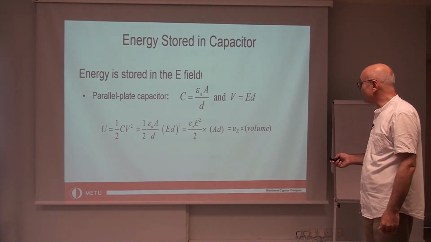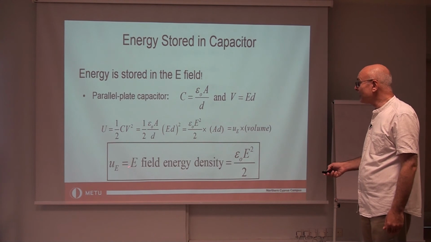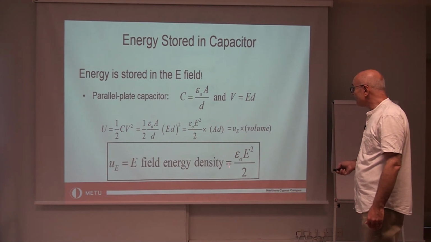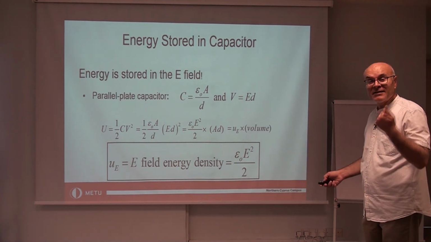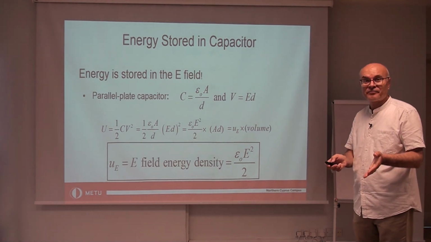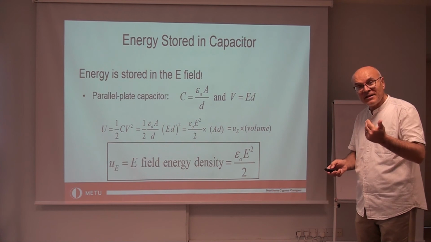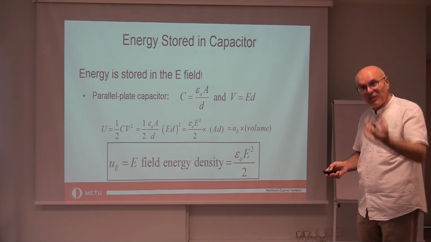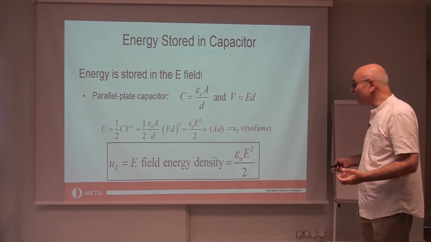And what is this u_E? This is the interesting thing. This u_E depends only on the modulus of the electric field in that region. So this energy density is determined by the electric field there.